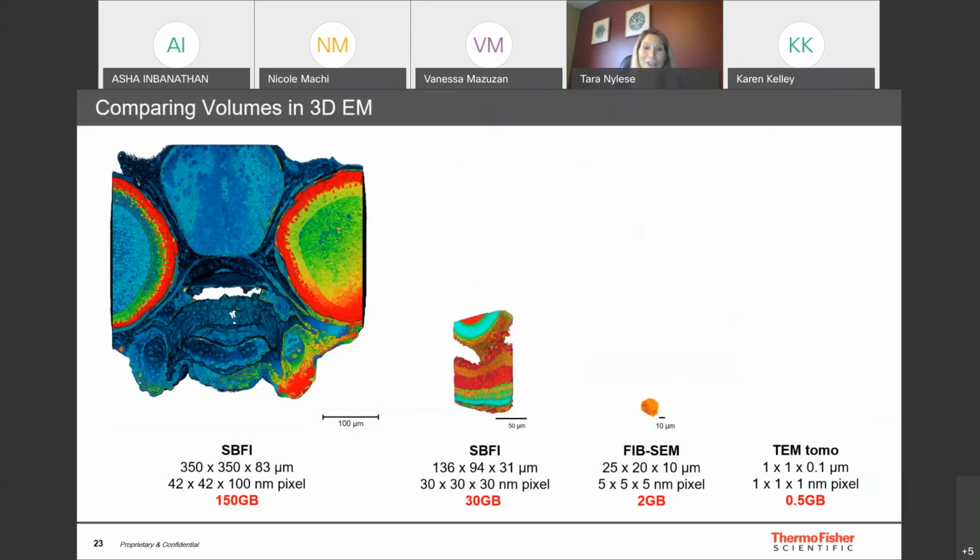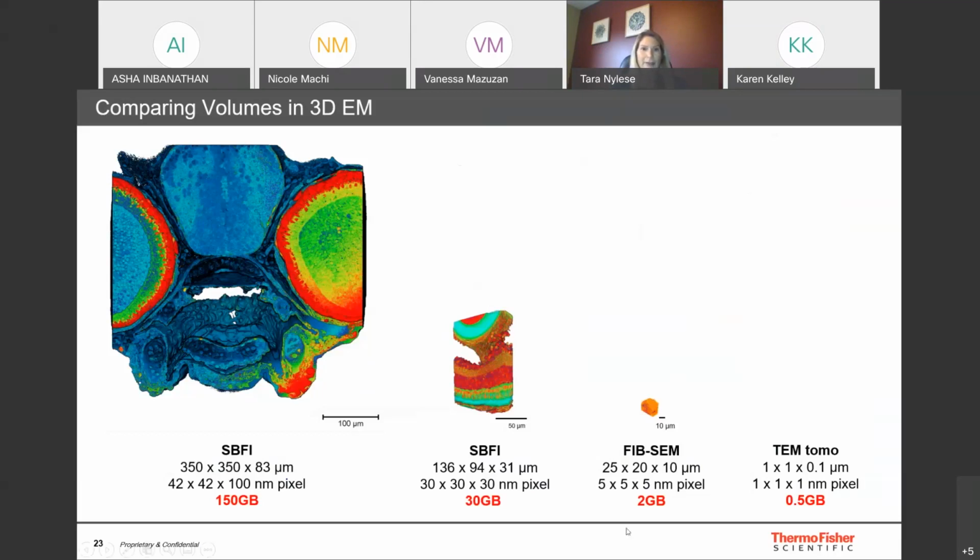It's a very user-intense technique. And so serial Blockface allows some changes that make it a whole lot easier for users to obtain very, very large areas of tissue while still achieving higher resolution of electron microscopy.